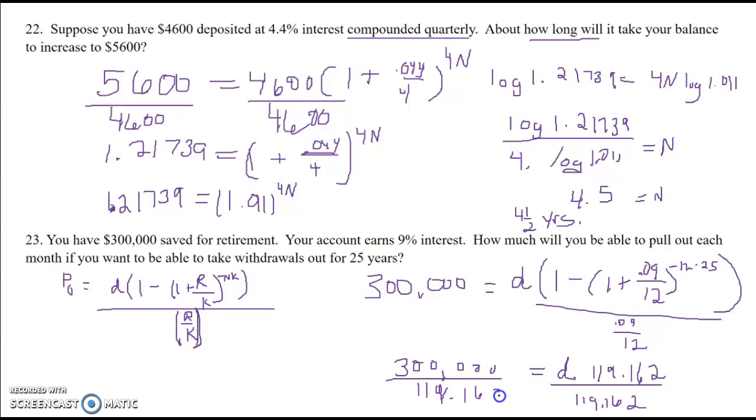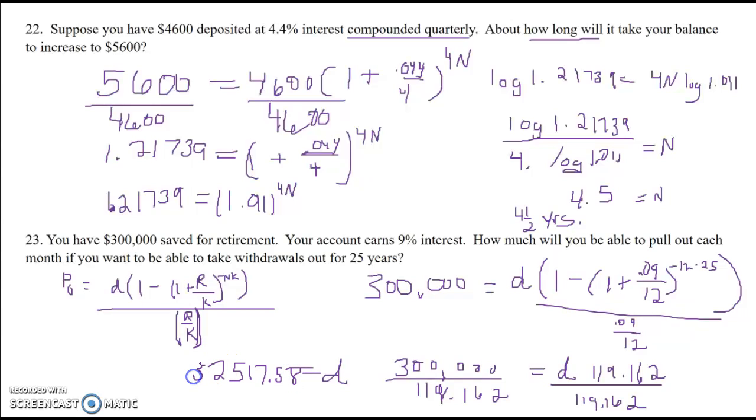So D is going to end up being $2,517.58.